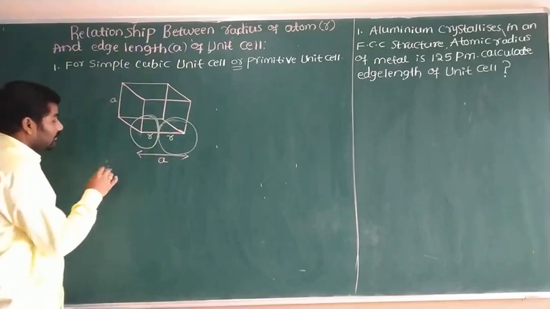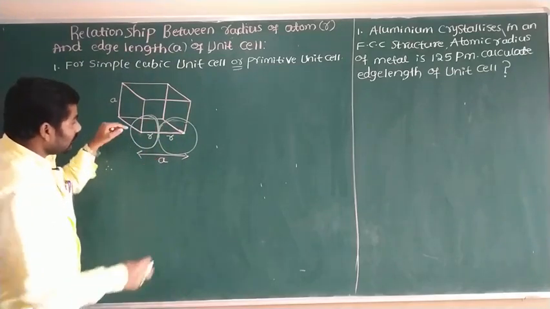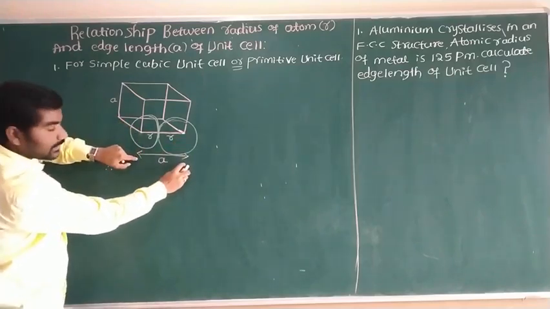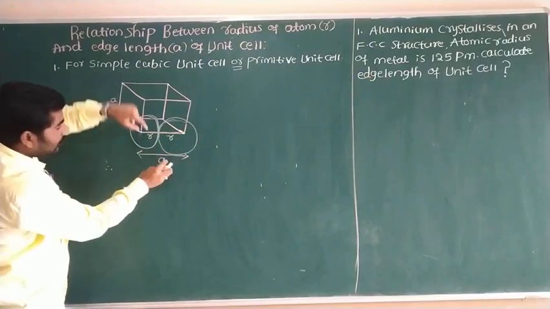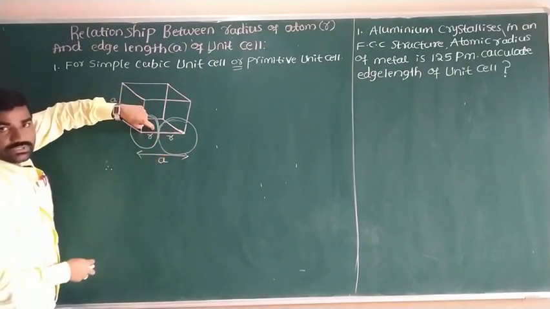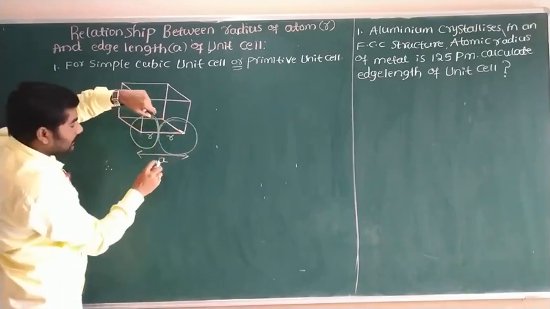Here, what conclusion can you draw from this diagram? This is the entire distance, which is called the edge length, represented as a, and this edge length equals the sum of the radius of both particles, this is particle 1 and this is the second particle.